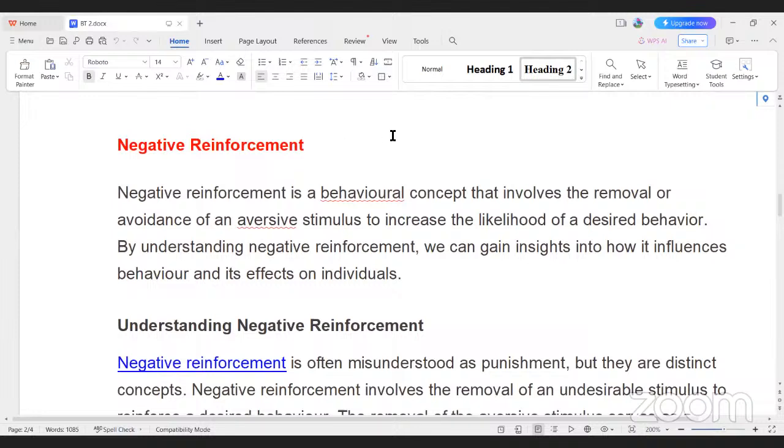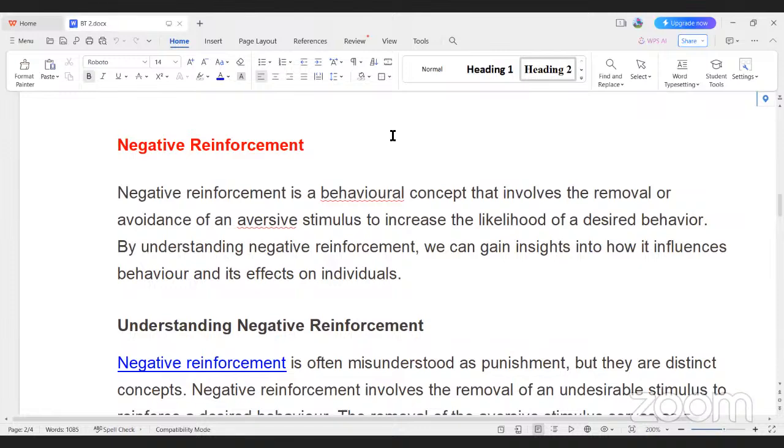And negative reinforcement. What is negative reinforcement? Negative reinforcement is a behavioral concept that involves the removal or avoidance of an aversive stimulus to increase the likelihood of desired behavior. By understanding negative reinforcement, we can gain insight into how it influences behavior and its effect.